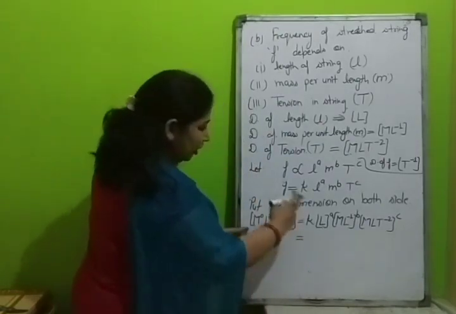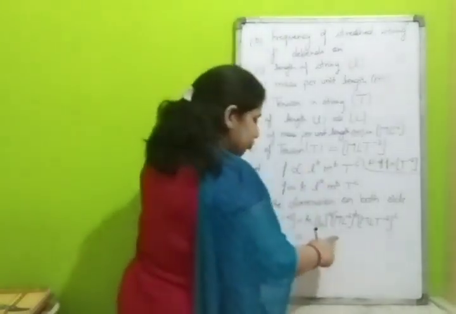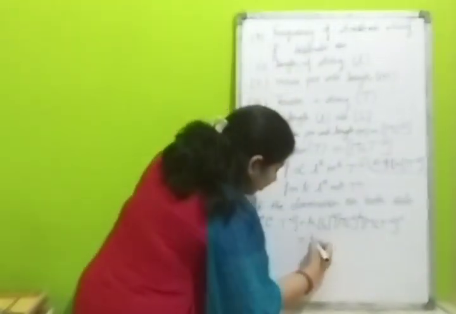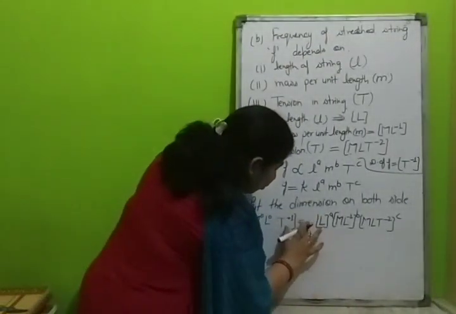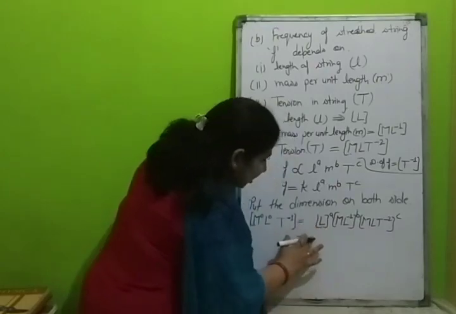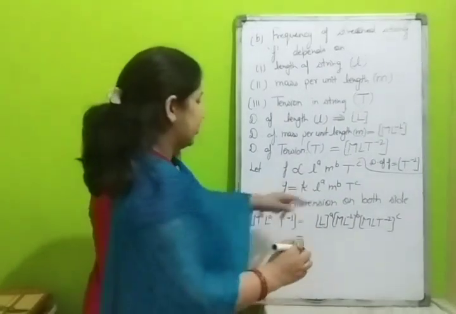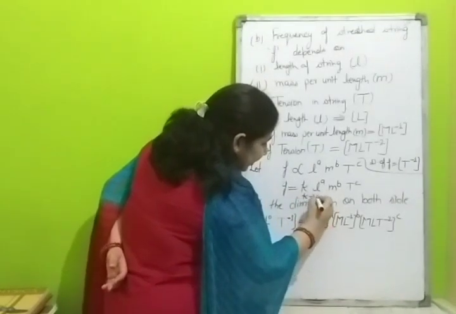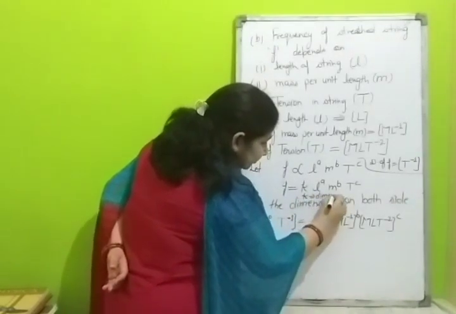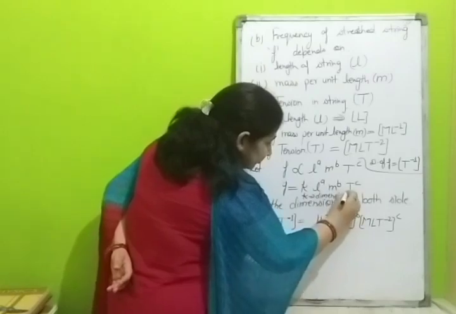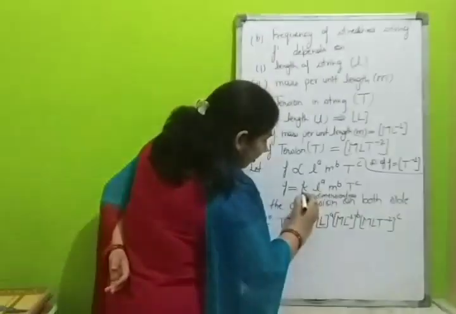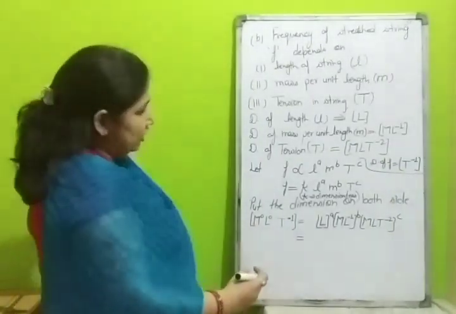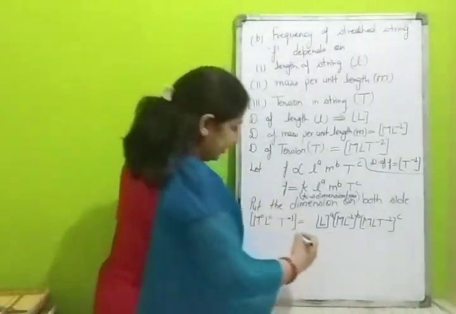As here we have only one square bracket, there should be only one square bracket to compare. K we will ignore when we are writing the dimension, as this constant is dimensionless. We can also mention here K dimensionless, as K is the proportionality constant and a dimensionless quantity.